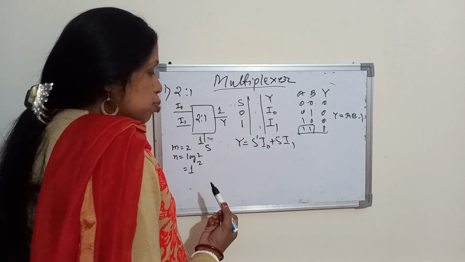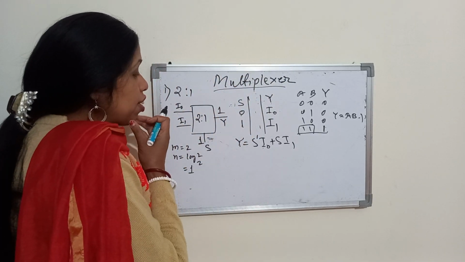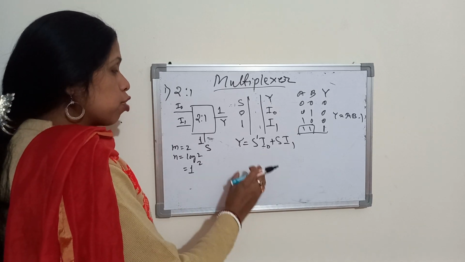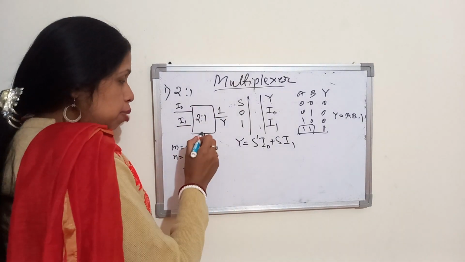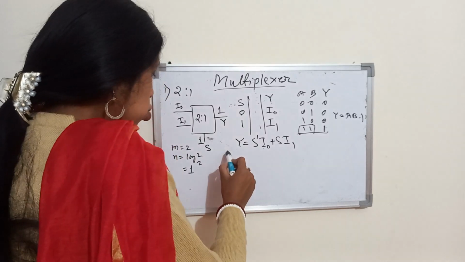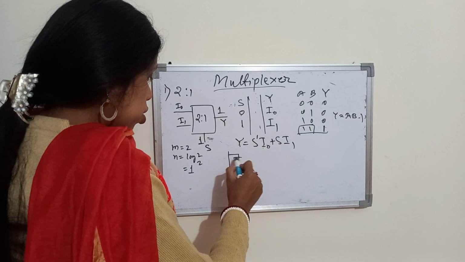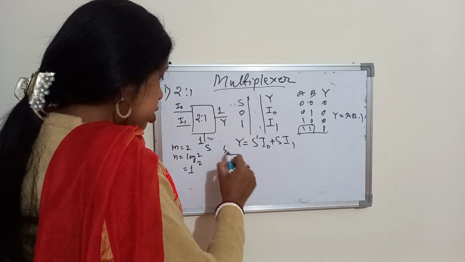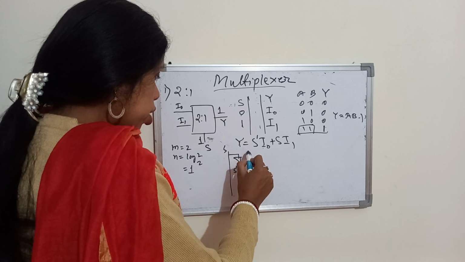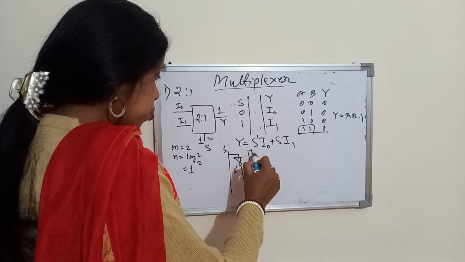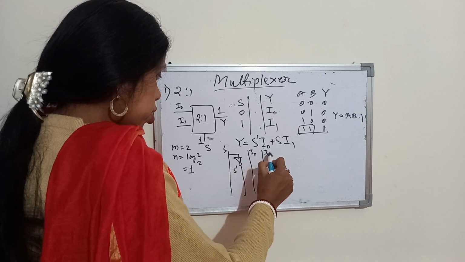This is the logical expression. So from the logical expression, I will draw the circuit diagram. That entire circuit diagram will be placed into this multiplexer. Okay. So I have S naught and I have S and S prime. I naught is coming. I1 is also coming.